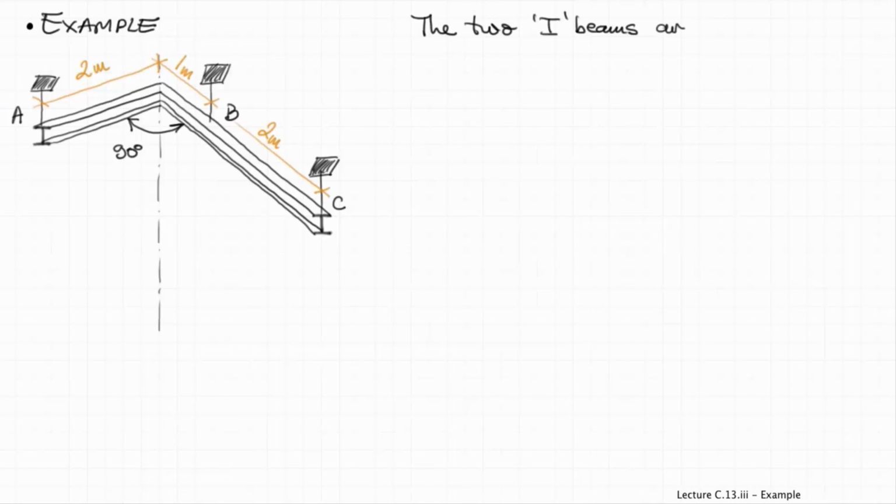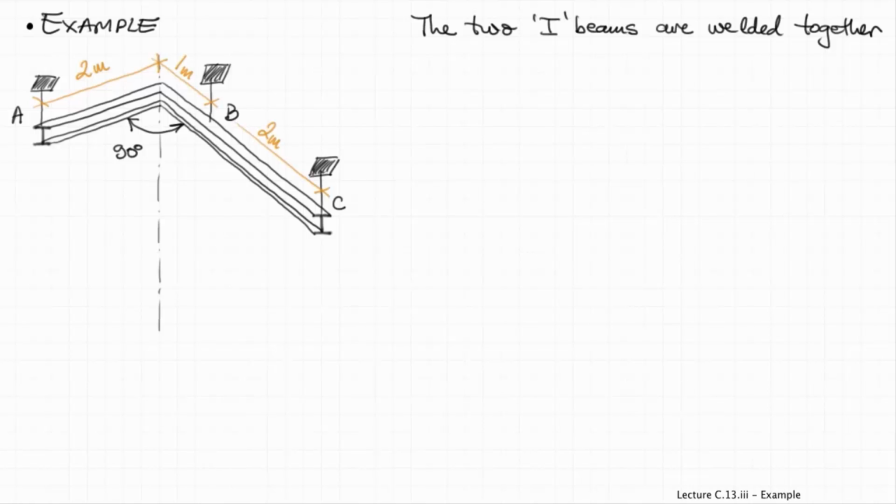So this rigid assembly, which is obviously a rigid body, is suspended by 3 cables at A, B, and C. The first beam on the left-hand side is 2 meters long, and the beam on the right side is 3 meters long, with the cable at B being 1 meter away from the 90-degree joint.